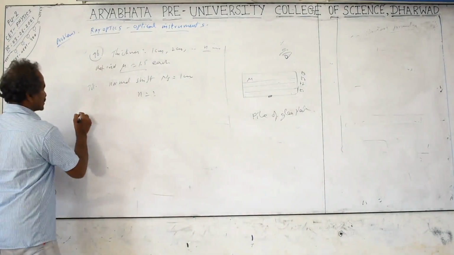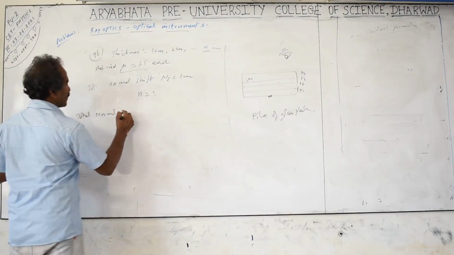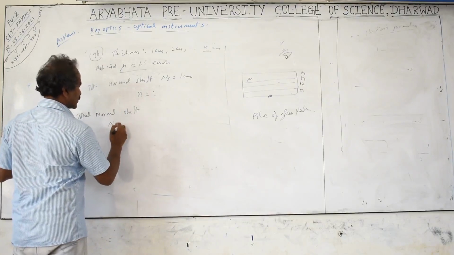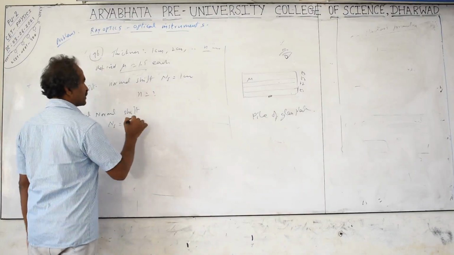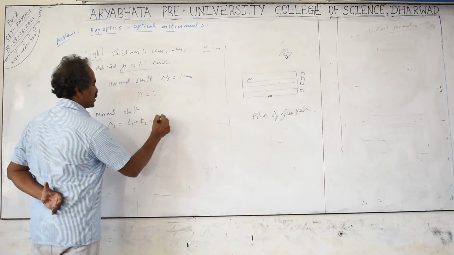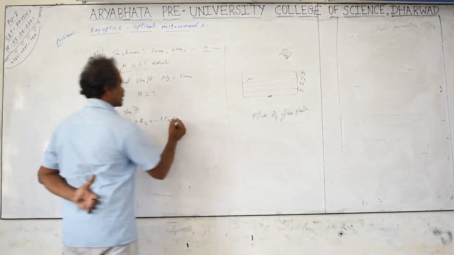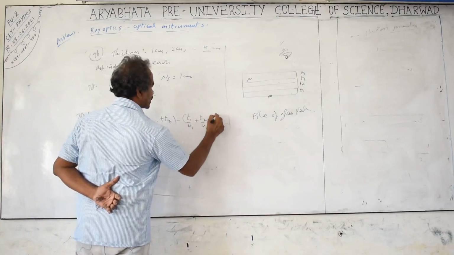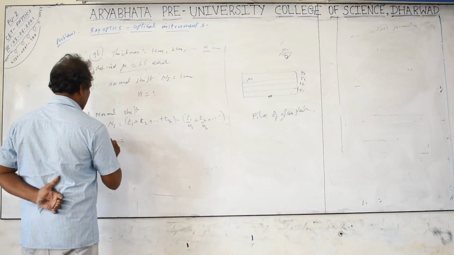Total normal shift: the sum of the normal shifts becomes equal to the total real depth minus the total apparent depth. That is T1 plus T2 plus and so on plus Tn, minus T1 by N1 plus T2 by N2 and so on, which equals the normal shift given as 1 centimeter.